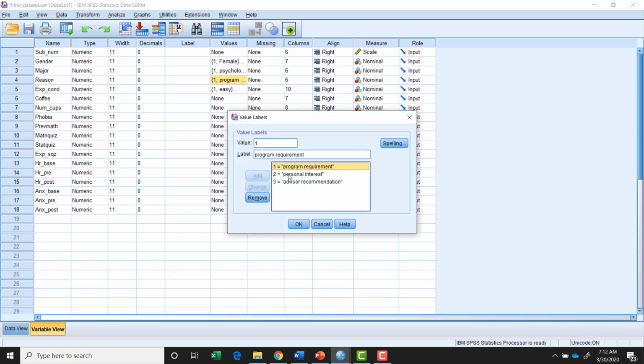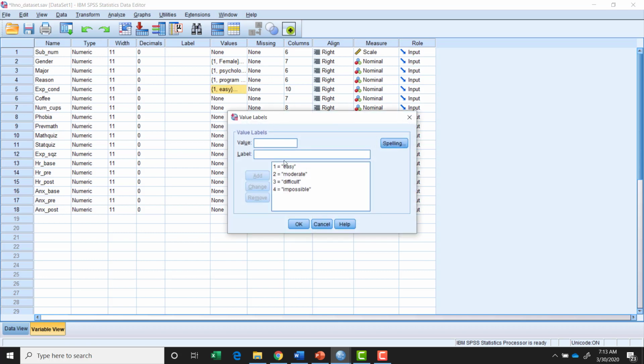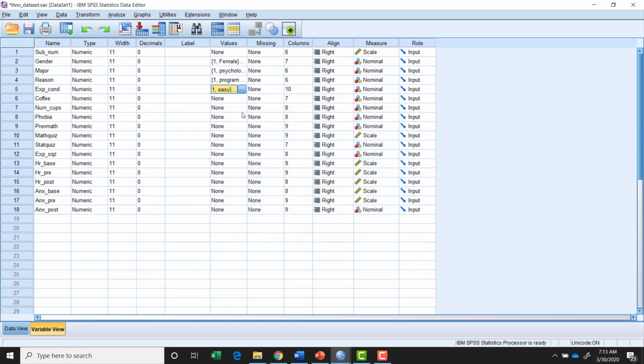And also we have why they're taking it: program requirement, personal interest, advisor recommendation. And then this is how hard the test they're given. I'm pretty sure that if I did this with you guys and gave a quarter of you each of these different types of tests, I'd probably be breaking some sort of university or even federal guidelines.